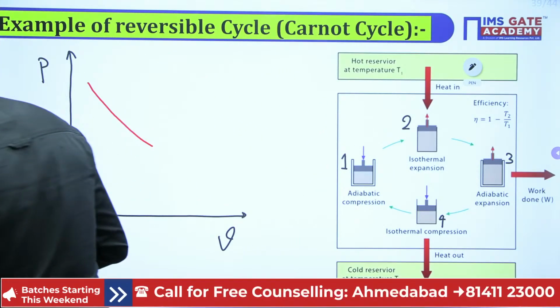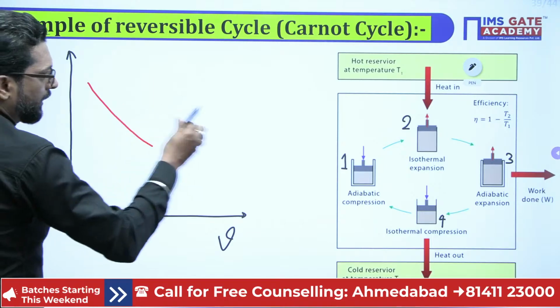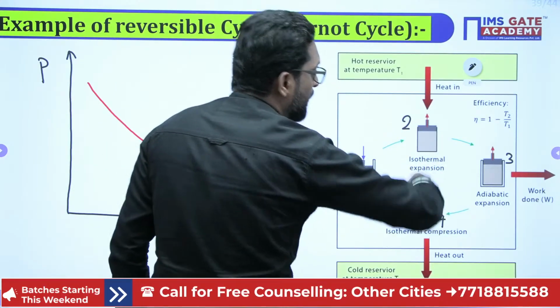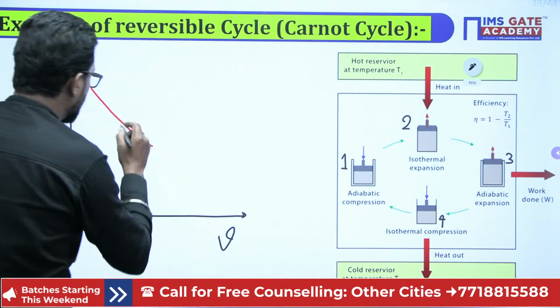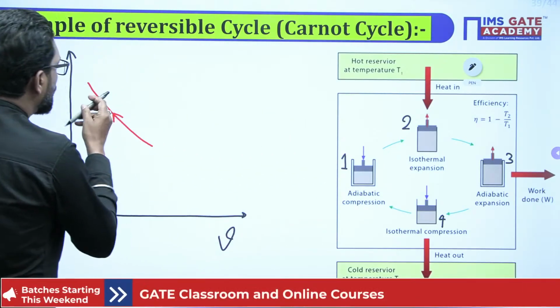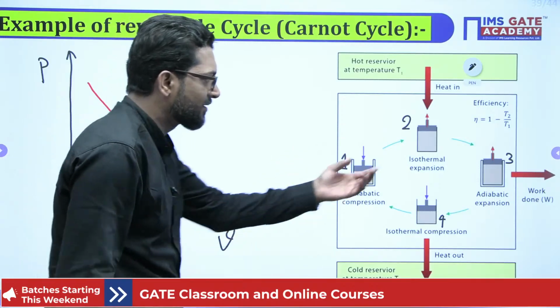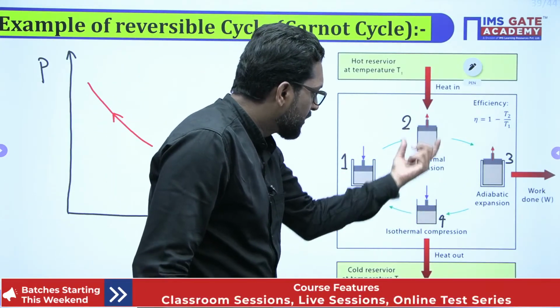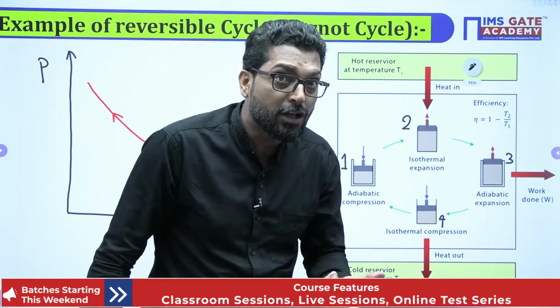Okay? Now again, there is an isothermal expansion. This is your compression, adiabatic compression. Now isothermal expansion. If you expand the gas, this is isothermal. How to achieve the isothermal?